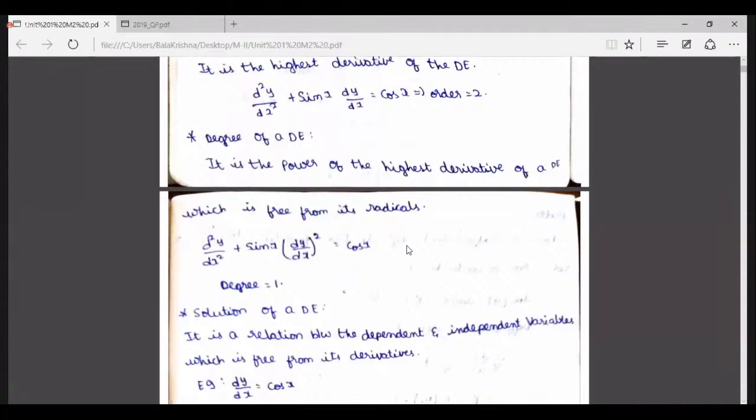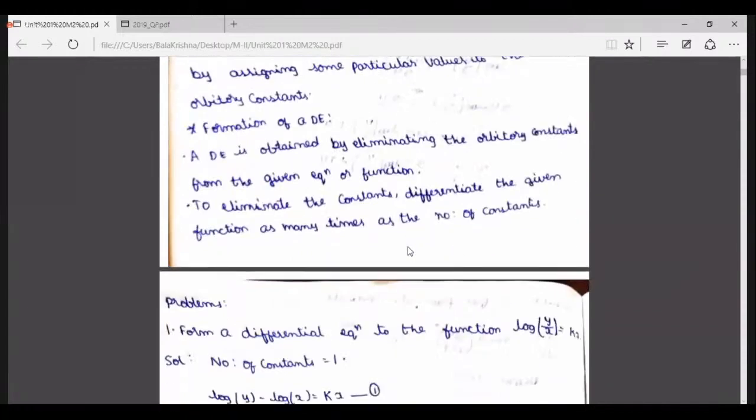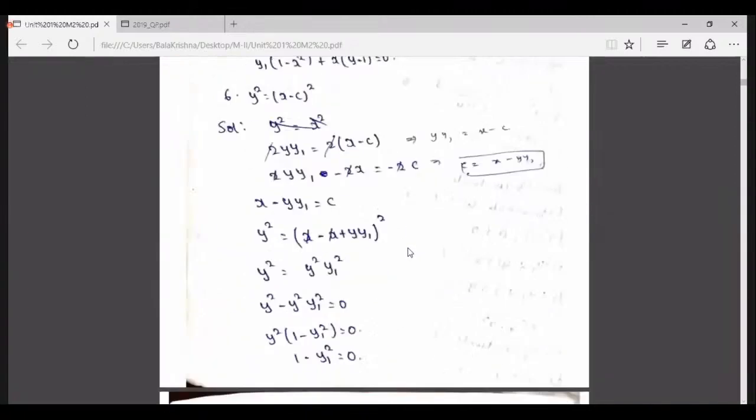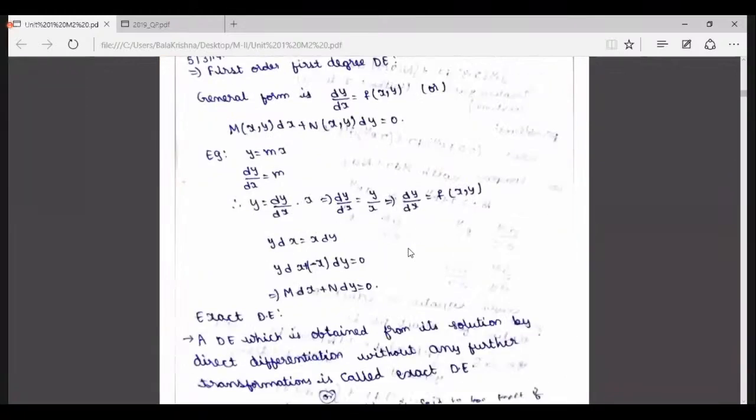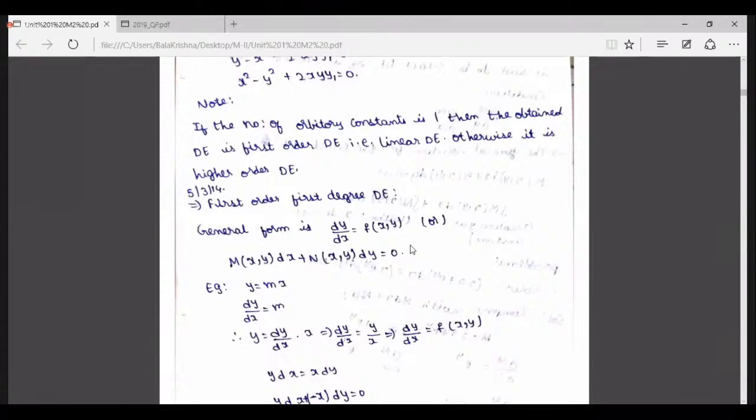Okay, directly I'm going to exact differential equations. Our syllabus is related to first order, first degree. The general form of a first order, first degree ordinary differential equation will be either in the form of dy by dx is equal to a function in terms of x, y, or in the form of M, a function in terms of x and y, into dx plus N, a function in terms of x and y, into dy equal to 0.